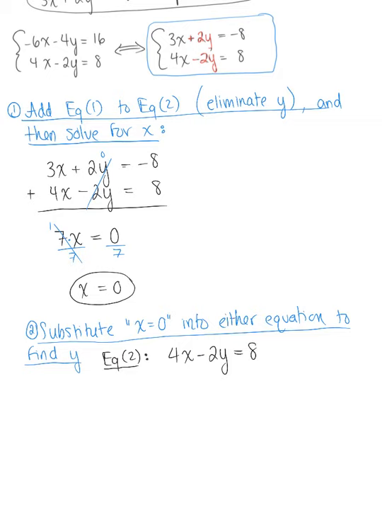And so we want to replace this x here with the x we just found. So we're going to substitute x equals 0 into equation 2. So I have 4 times 0 minus 2y equals 8. And anything times 0 is 0. That disappears, leaving us with minus 2y is 8. And then last but not least, if we divide both sides here by negative 2, negative 2 divided by negative 2 is 1. And we have y is negative 4.